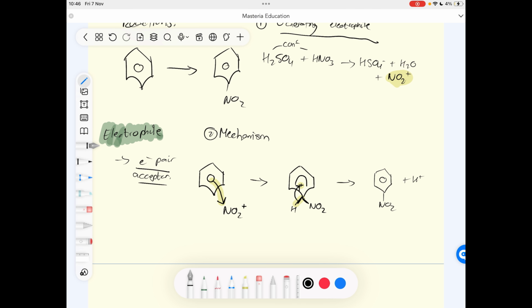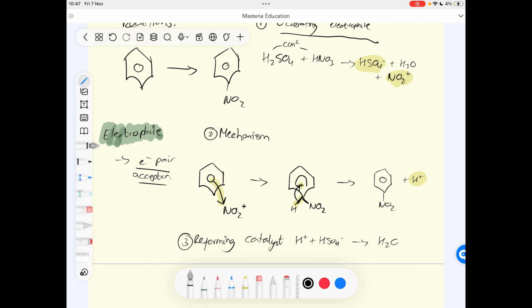The final step for all these mechanisms is reforming the catalyst. Now, the way this happens, and this will always be the same across the board, we look at this molecule here, the HSO4 minus. We look at this molecule here, the H+, and all we do is we combine them.